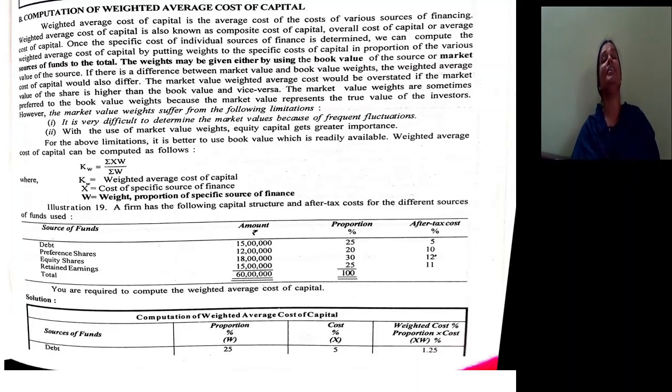The second is to calculate the after-tax cost, multiply it with the source amount, that is the respective capital, and you arrive at the weighted cost. Then the total weighted cost divided by total weight, where total weight means sum of sources of capital, into 100, is equal to the weighted average cost of capital.